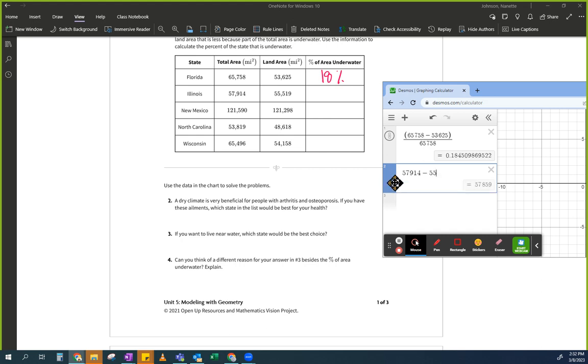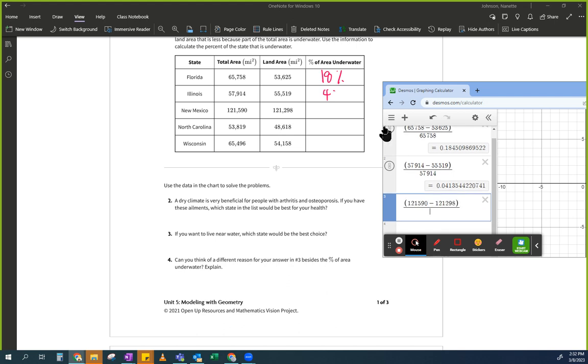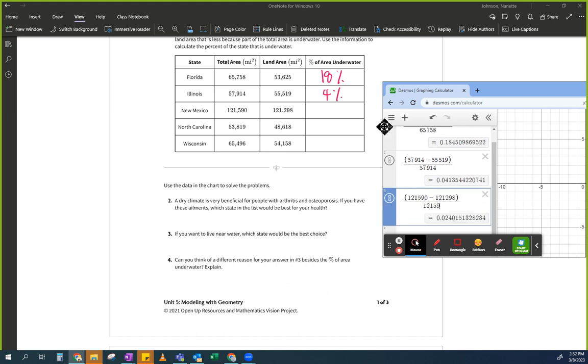57,914 minus 55,519 divided by 57,914. So that's 4%. Okay. So the next one is 121,590 minus 121,298. Oops, I put too many in there. 298 divided by 121,590. So that's 0.24%.